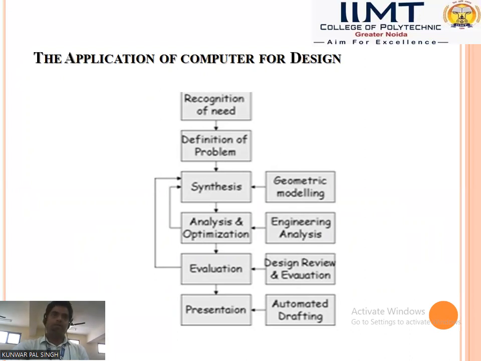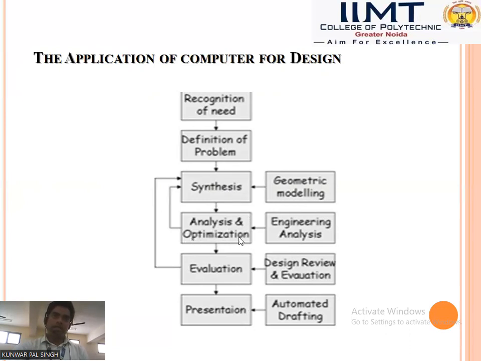Second, we define the problem. After we define this problem, we do the synthesis, then analysis and optimization, then evaluation, then finally we do the presentation. If evaluation results are not good, then again we return to the step of synthesis.